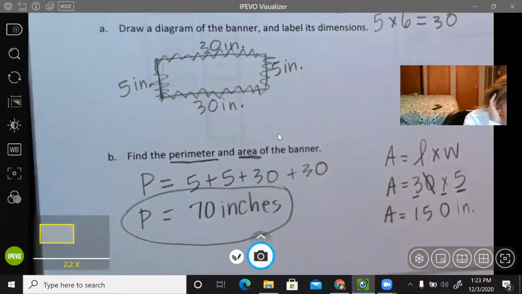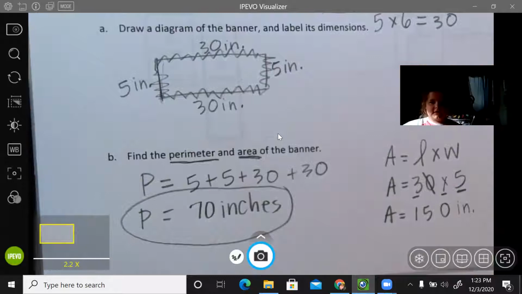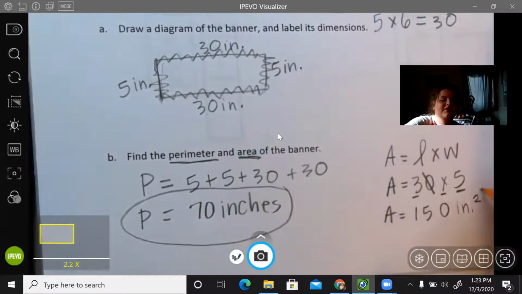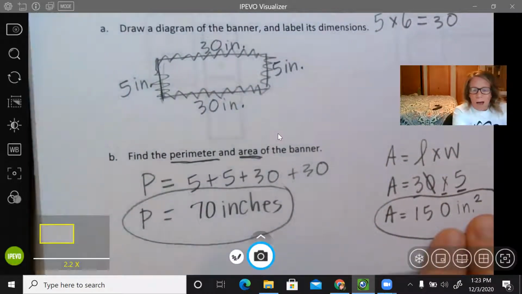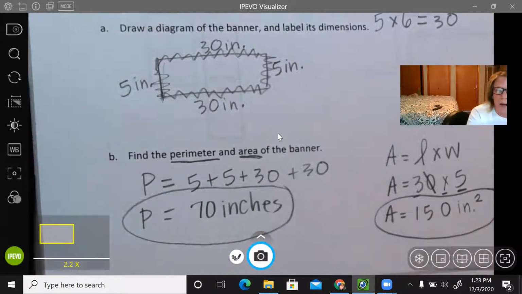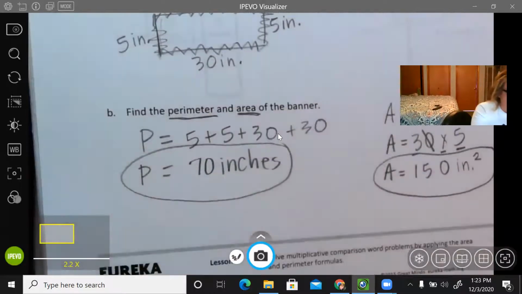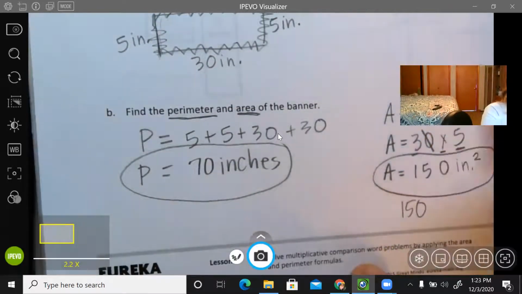150 square inches. Great job. So you can write that. And I know it's hard, I don't know how to type that on the computer, but when you're writing it, you can put the little tiny 2, that's called an exponent, above inches, or you could also write 150 IN period squared. You could write it out, inches squared.